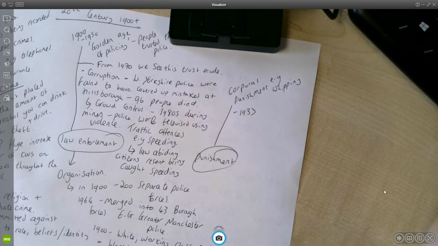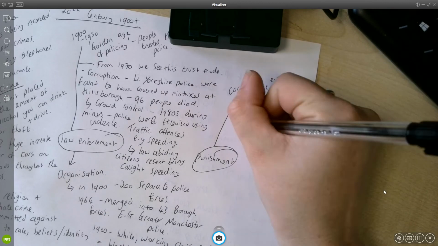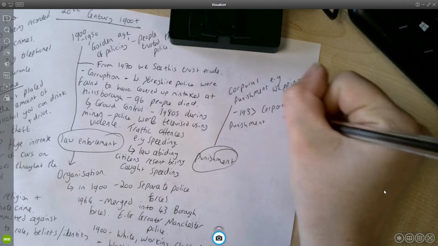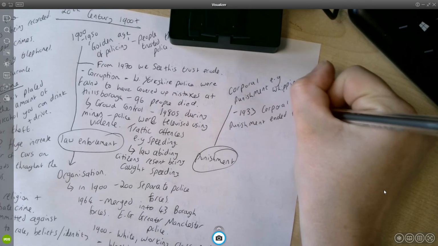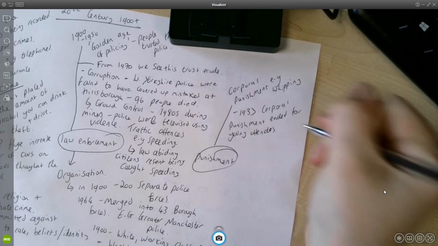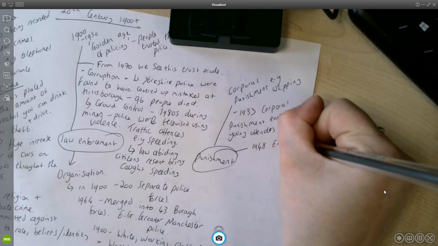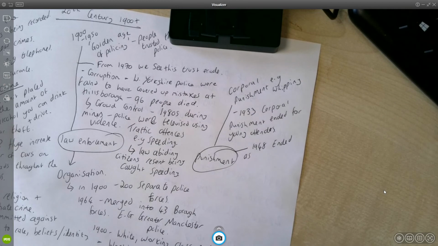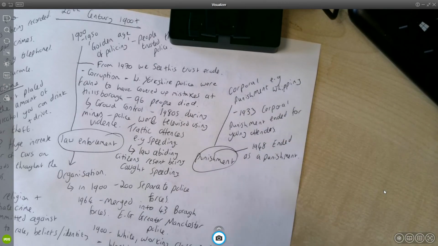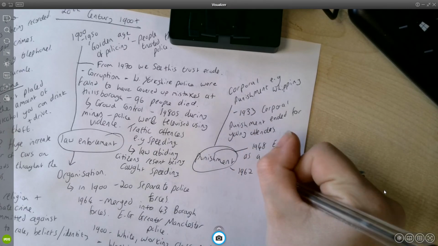In 1933, corporal punishment is ended for young offenders. In 1948, it's ended as a punishment, so you can no longer get a whipping for a crime. And then in 1962, its use is ended in prisons as well.